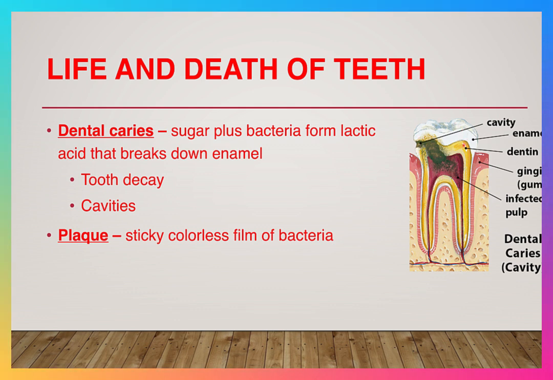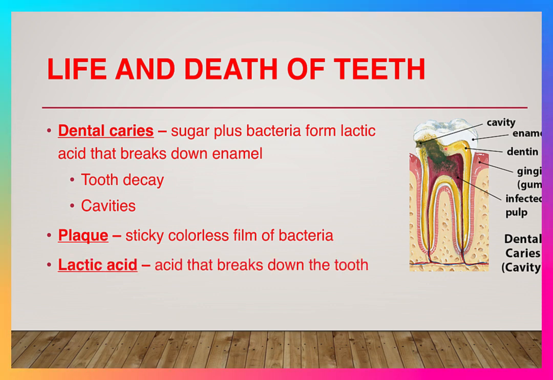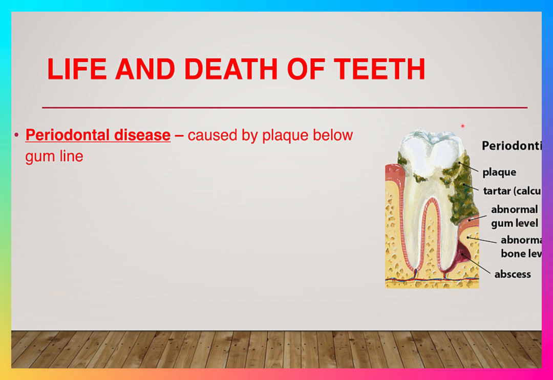Now on the outside of the tooth, there's a colorless film called plaque, which has bacteria in it, and again, this can also form lactic acid, which can break down the tooth. The other thing that can happen to teeth is a buildup of material on the outside of the tooth between the gum and the tooth. And when this plaque gets in this area right here, it causes inflammation and irritation of this area.